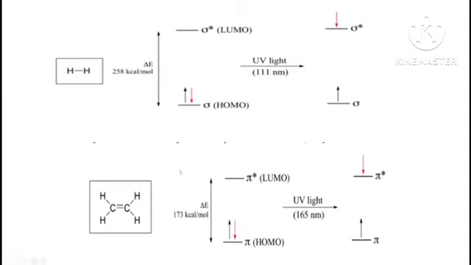So the same thing applies to the second example, ethene. This is an alkene group. As I explained in the first example, for the electron to jump from this HOMO to LUMO, you could see that this HOMO to LUMO is now pi to pi star. It is no more sigma to sigma star. Why? Because this particular molecule is different from that particular molecule. So the HOMO to LUMO transition varies. It can be sigma to sigma star, it can be pi to pi star, it can be n to sigma star, it can be n to pi star.